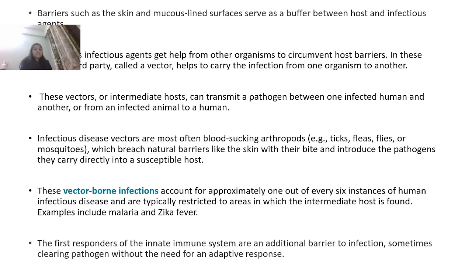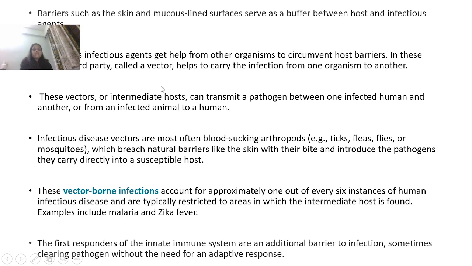There are barriers such as the skin and the mucosal surfaces, which act as a buffer between the host and the infectious agents. These are anatomical barriers, like epithelial barriers, serving as a gate between the host and the infectious agents. If it can open that gate, it can enter into our body.